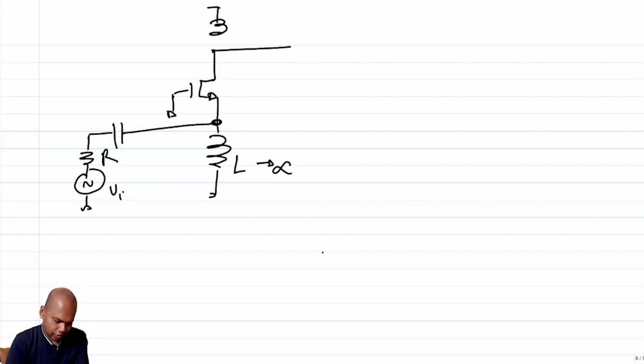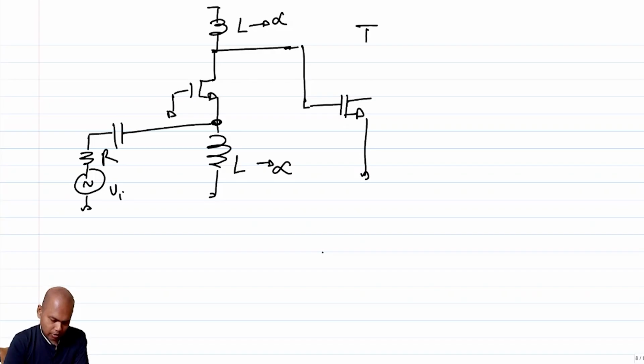And also here you have an L. Assume L tends to infinity for our purposes. And let's say this is followed by a common source amplifier, and it also has an L where L tends to infinity, right?